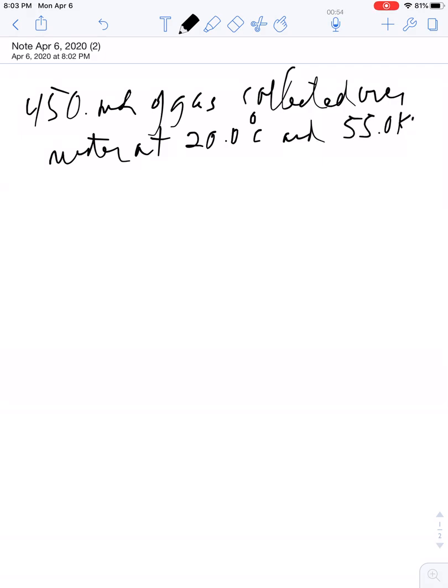I've got 450 milliliters of gas, doesn't matter which gas, collected over water at 20 degrees Celsius and 55 kPa.